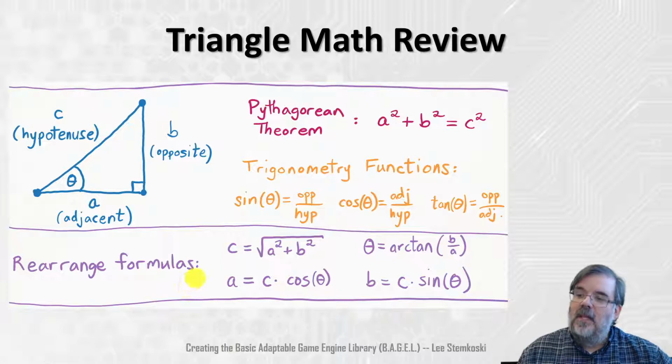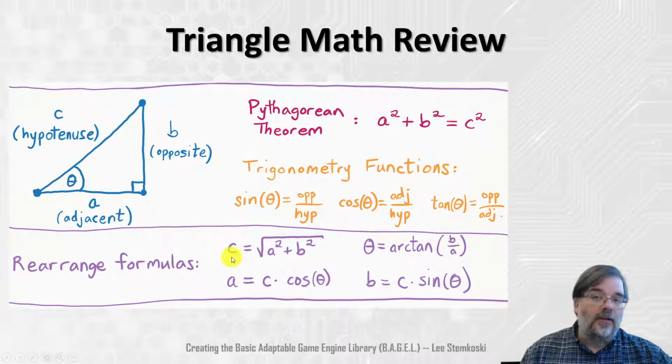For example, let's say that you know the length of the side a, the adjacent side, and the length of the opposite side, b. We can use that information to solve for the length of the hypotenuse, c. That's the square root of a squared plus b squared.